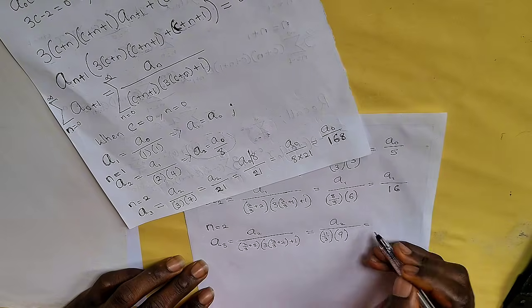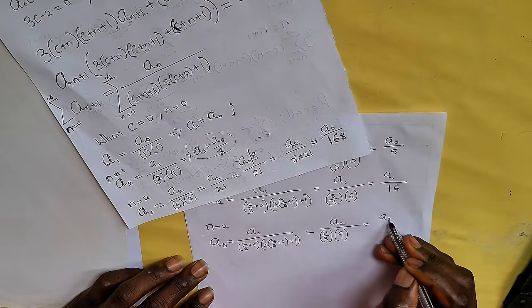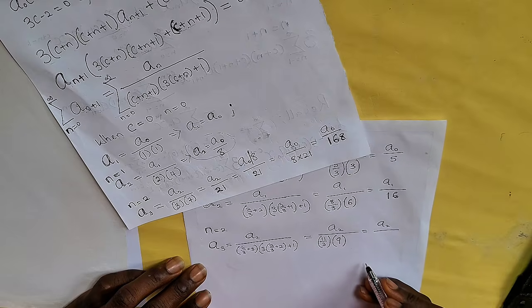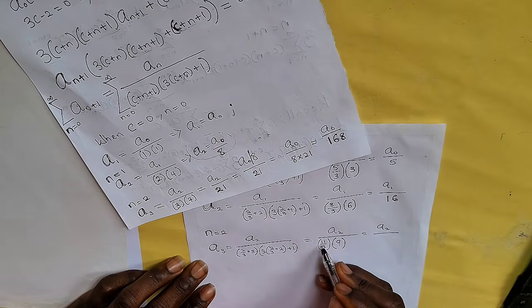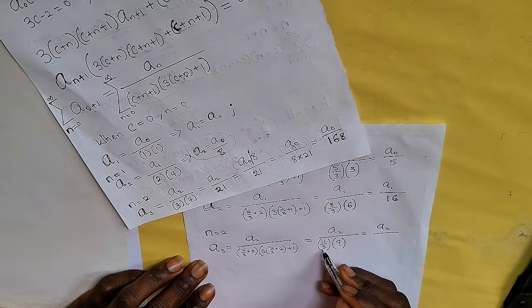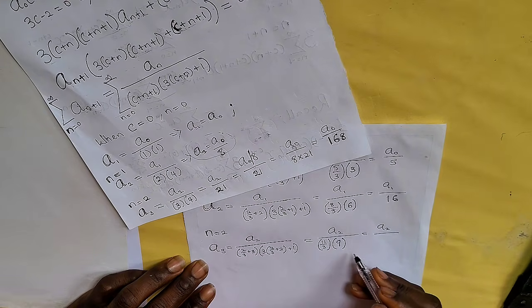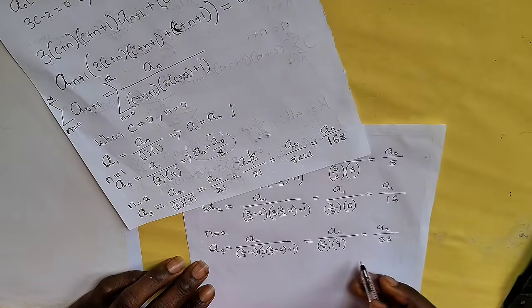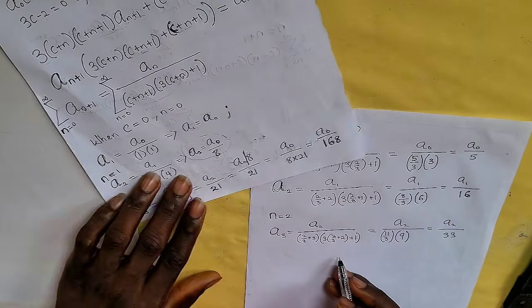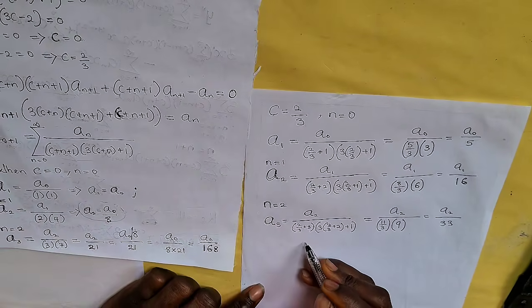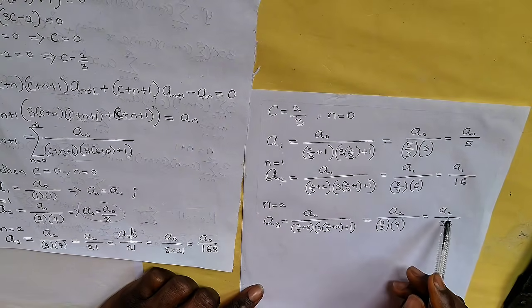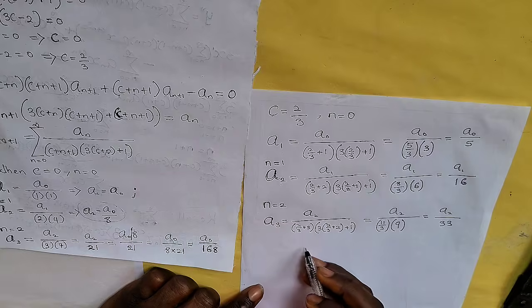So if I should do that, I'm going to have 8 over, so I'm going to have here 11, right? So 3 in here, 3 here, 1, 3 here, 3. So if I multiply 11 times 3, I'm going to have 33. Okay, so from a2, we are told that a2 is equal to a1 over 16. So I'm going to replace this as a1 over 16.